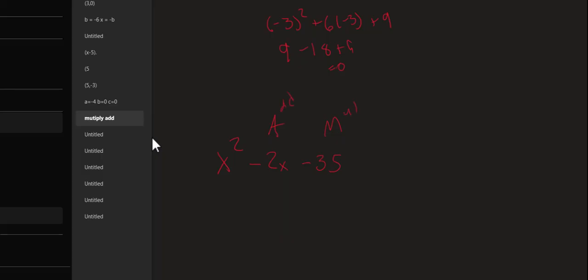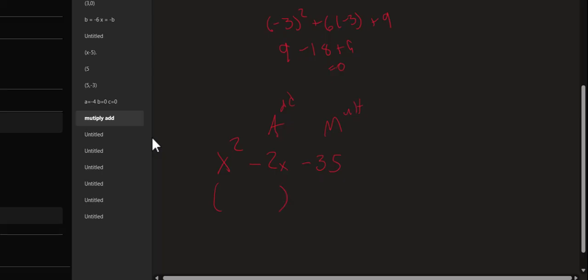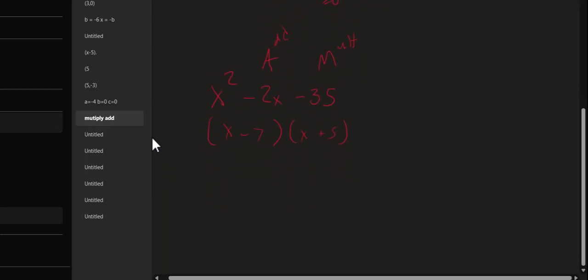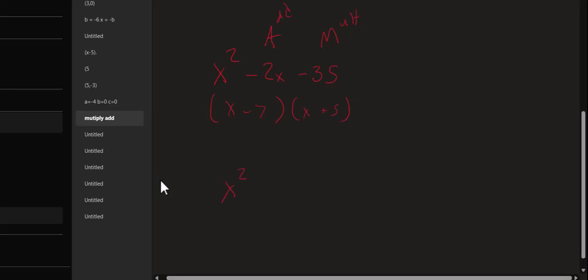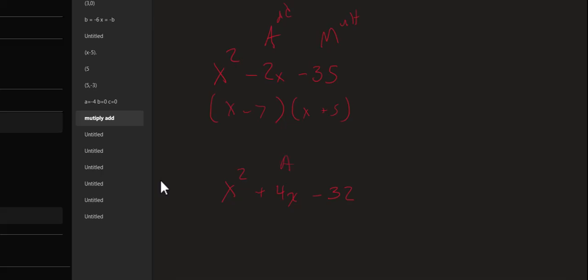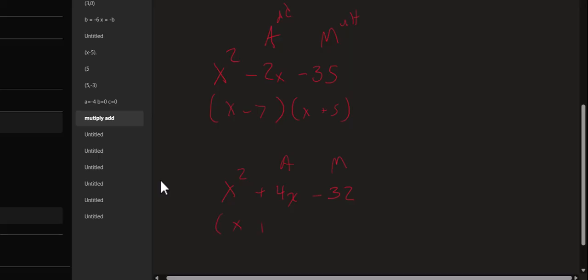Add, multiply. So I have to multiply to give negative 35, add to give negative 2, so that's negative 7 plus 5. So if I had x squared plus 4x minus 32, add to give 4, multiply to give negative 32, x plus 8, x minus 4.